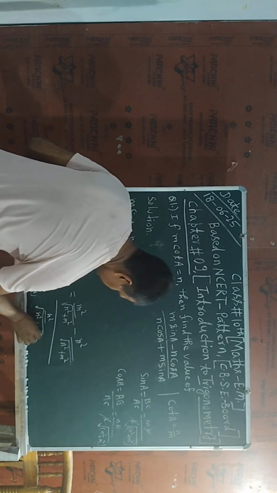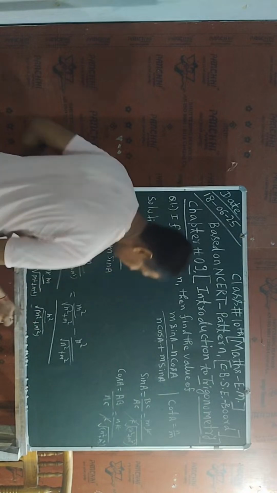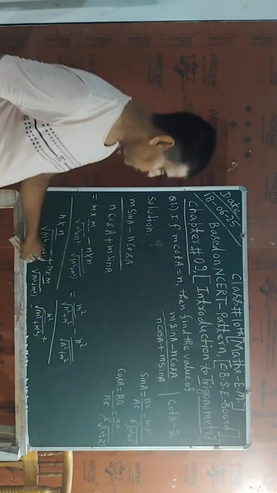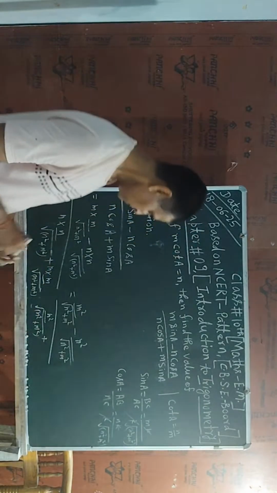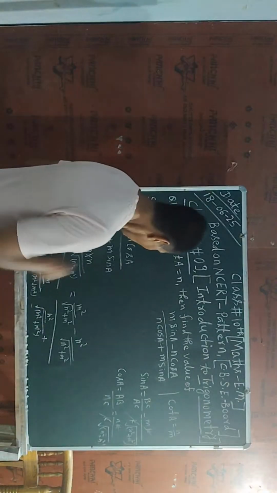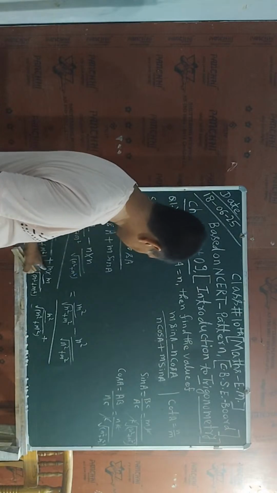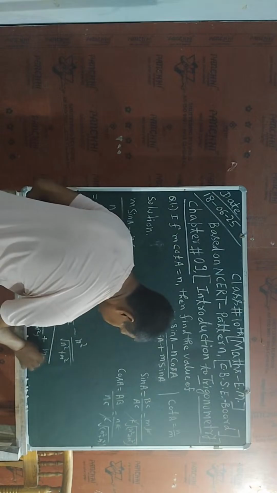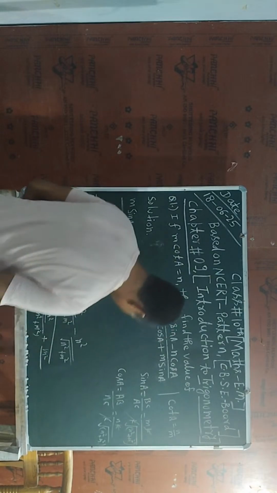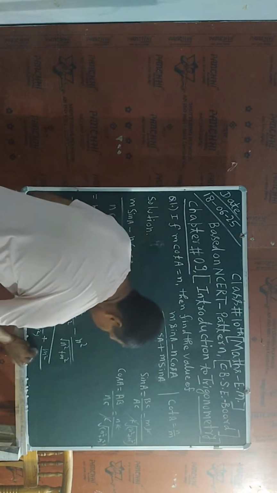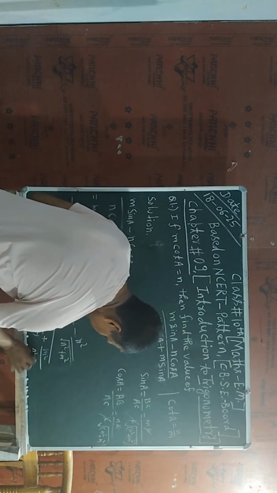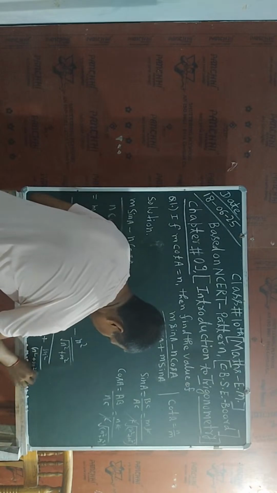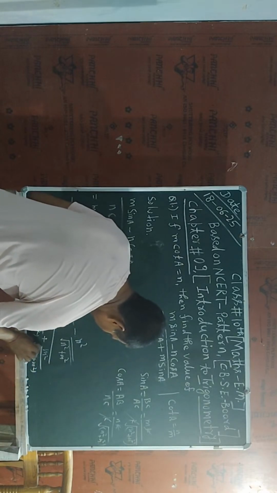Now here I have to put a plus sign, because the plus sign is given here. Now further I am going to write M into M, that will be M square. Now in the denominator I have to write N square plus M square, and I have to put it within square root.